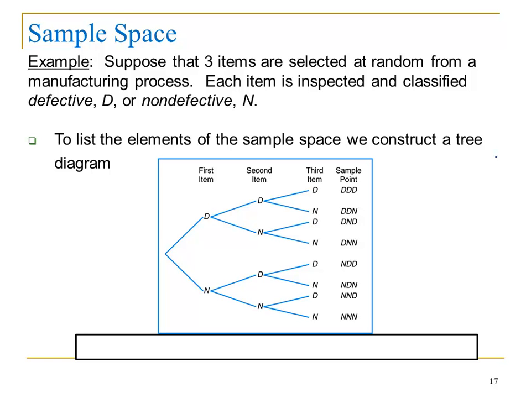It will depend also on the order in which you select the items. So the sample space for this particular example is basically listing all the sample points for the experiment. So you have 8 outcomes for this experiment.